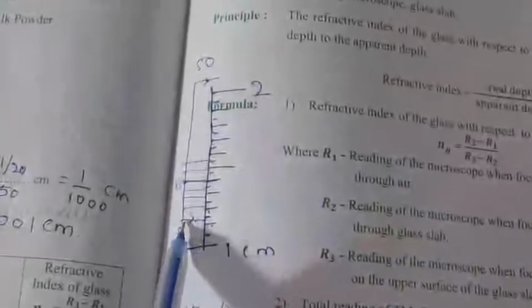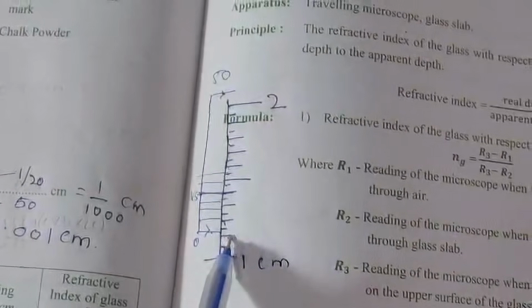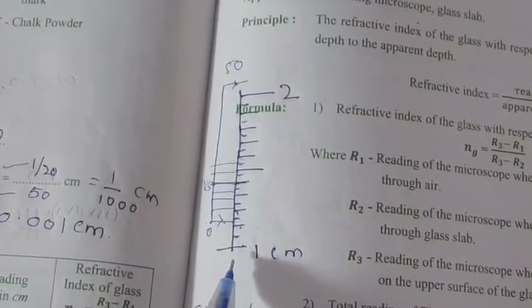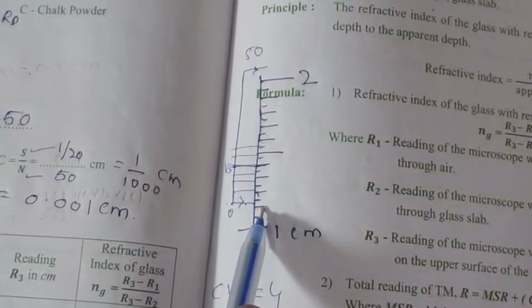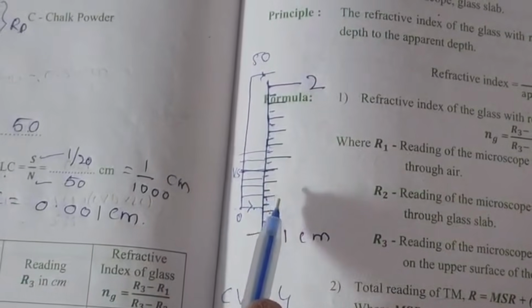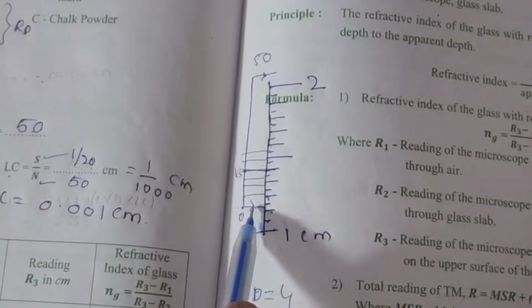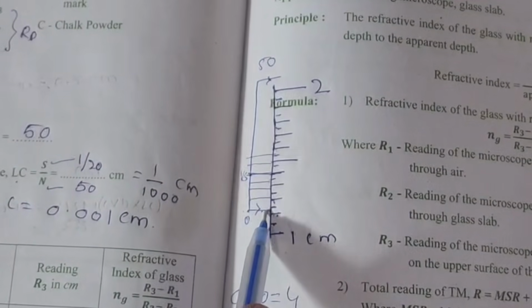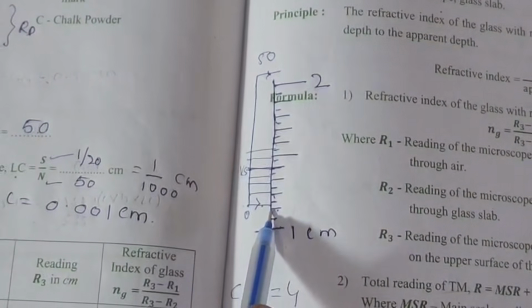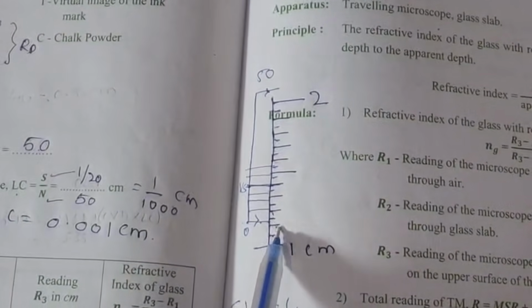Just below the vernier scale 0, the division you can see is called the main scale reading. You can see here, this is 1, 1.1, 1.15, 1.2, 1.25 and so on. Between 1.1 and 1.15, 0 is lying, therefore you have to take the division below, that is 1.1 centimeter is MSR in this case.